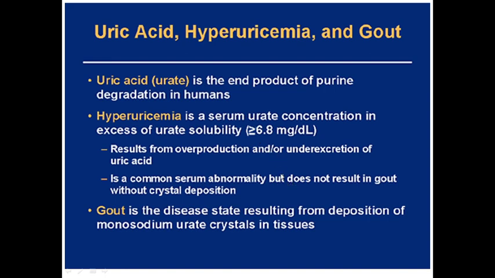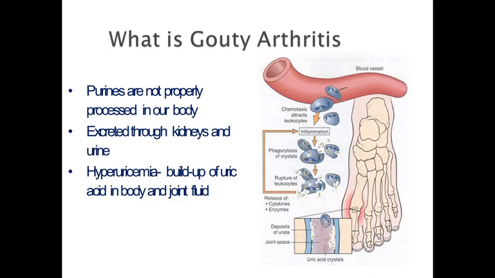It can result from overproduction and or underexcretion of uric acid. It is a common serum abnormality, but does not result in gout without crystal deposition. Gout is a disease state resulting from deposition of monosodium urate crystals in tissues.